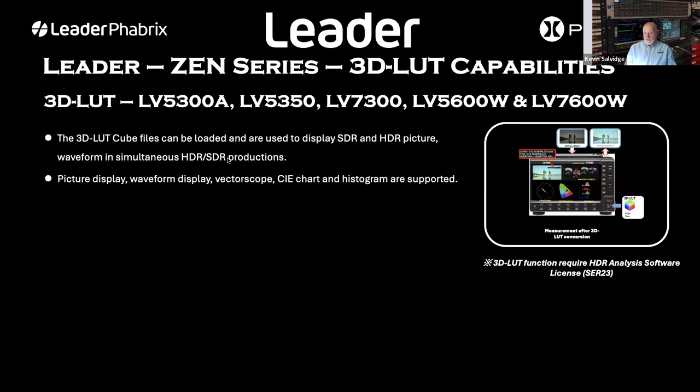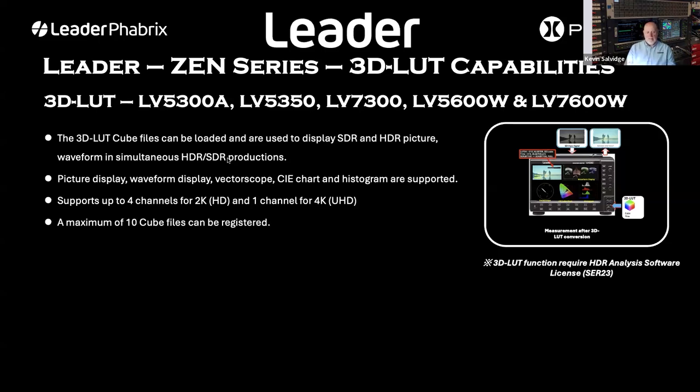And this works on the picture, waveform, vector, CIE color chart, and the histogram. And we can support up to 4 channels in HD or 1 channel in UHD. And a maximum of 10 cube files can be registered.